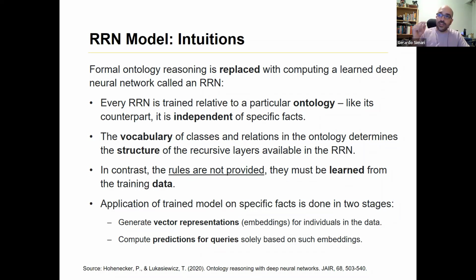And so that's why I guess in the notation we have n sigma, because the sigma are being learned, the rules are being learned. And the application of the trained model on specific facts will be done in two stages. First, we generate vector representations or embeddings as usual for individuals in the data, and then compute the predictions for queries based only on these embeddings.